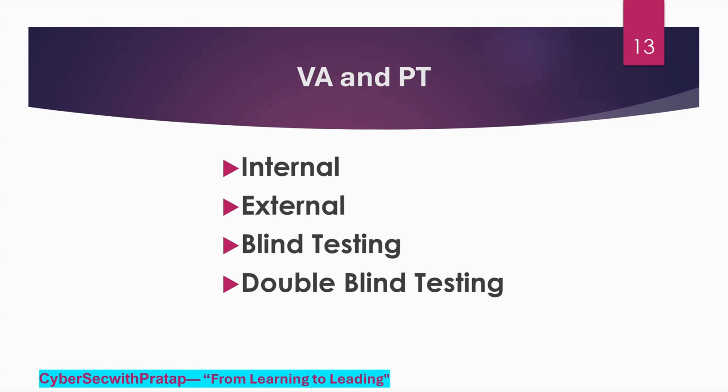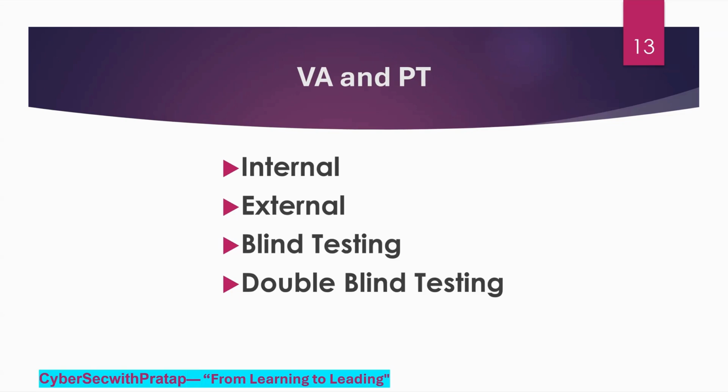This is a practical example when you are doing external VAPT: you open GTmetrix and do this, and you can collect all the information from there. There are so many platforms, but this is one.